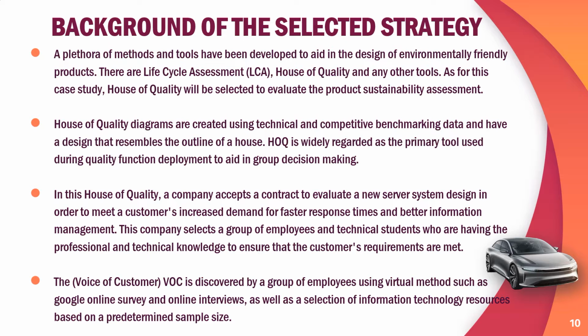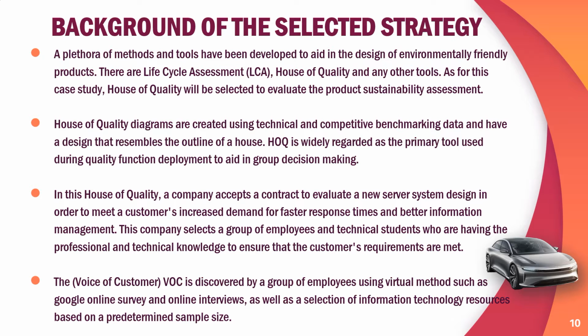Okay, a background of the selected strategy. A plethora of methods and tools have been developed in the design of environmentally friendly products, such as life cycle assessment, quality function deployment, and other tools. As for the case study, house of quality will be selected to evaluate the product sustainability assessment. So what is a house of quality?